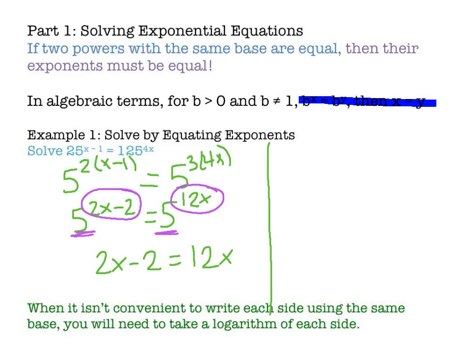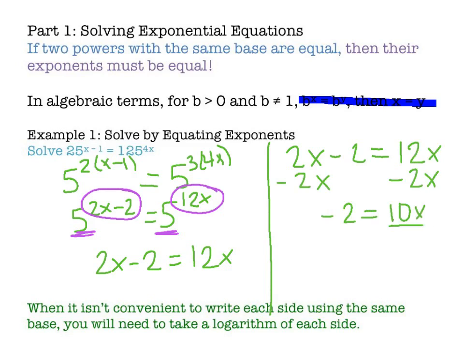Let me just rewrite this over here. 2x minus 2 is 12x, and I can subtract 2x from each side, and I have negative 2 is equal to 10x. Divide each side by 10, and negative 2/10 or negative 1/5 is equal to x.